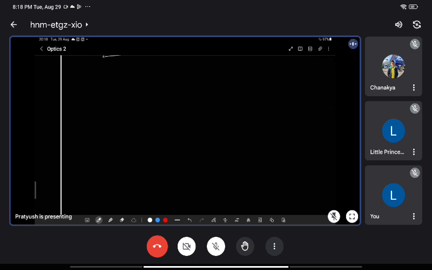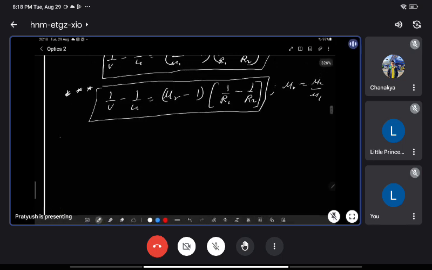Now, from this formula, what can we write? See here, 1 upon v minus 1 upon u is written. Now we know that if the object is at infinity, where will the image form? For a convex lens, the image will be formed at the focus.